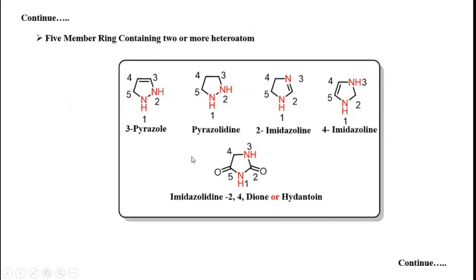Next are the different 5-member rings which contain 2 or more heteroatoms. 3-pyrazoline. Now this 3 represents the unsaturation level of our pyrazole derivative. We learn about pyrazole, which contains 2 nitrogens at position numbers 1 and 2, and this 3 represents the unsaturation level.